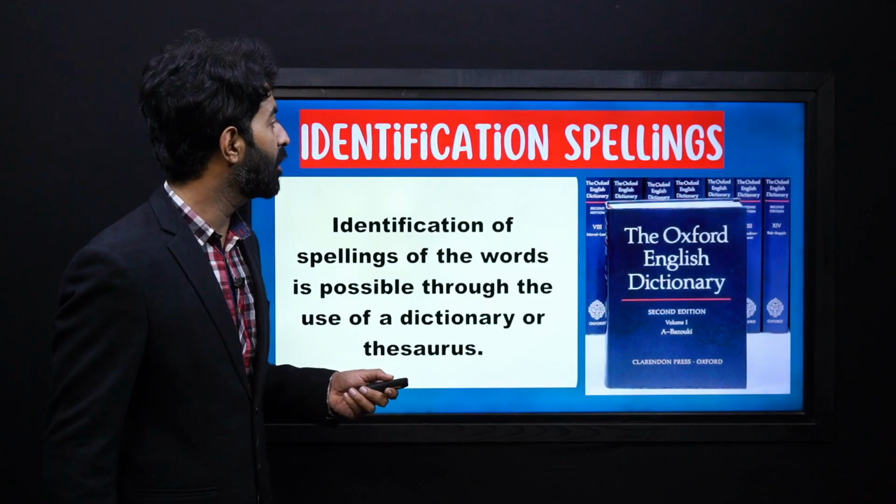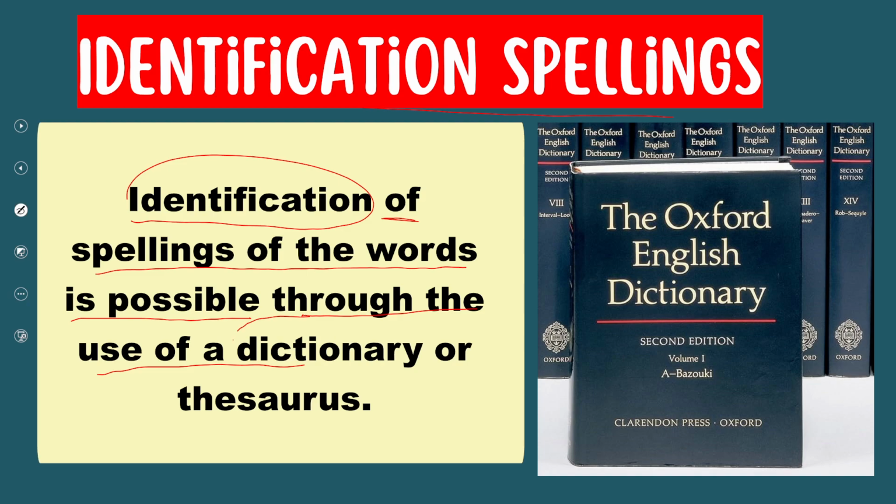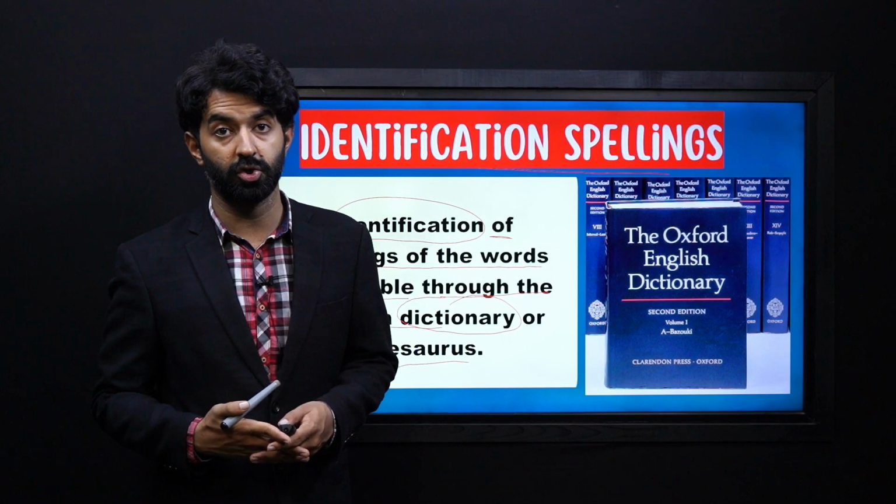Now, let's talk about identification of spellings. This is the main part of the SLO. Identification of spellings of words is possible through the use of a dictionary or thesaurus. We know that a dictionary is a book containing all of the words of the English language with so much more detail and information.